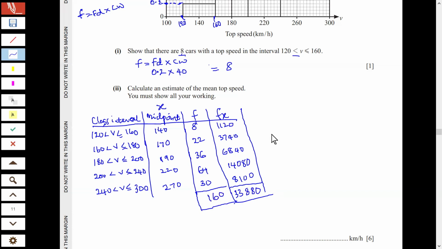Now the mean, because you're told to estimate the mean, will be the sum of fx over the sum of the frequency.